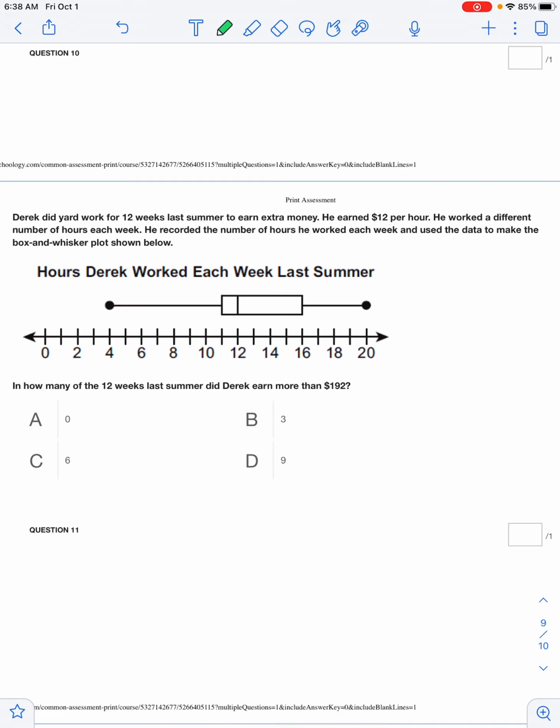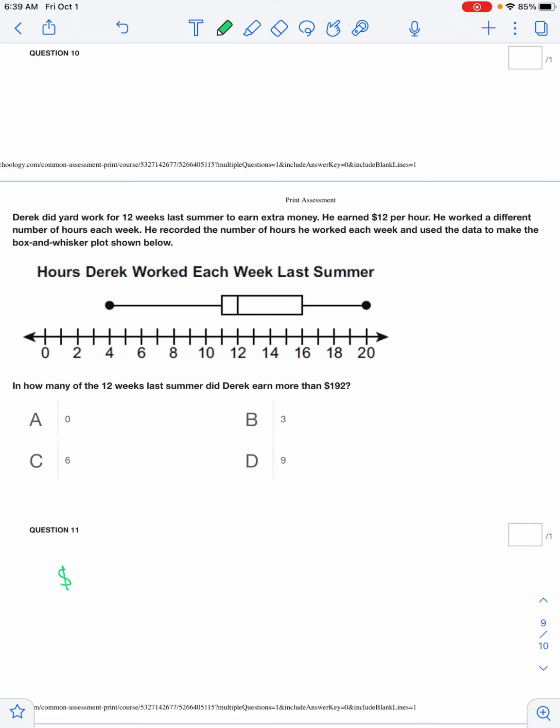All right, question 10 says, Derek did yard work for 12 weeks last summer to earn extra money. He earned $12 an hour, and he worked a different number of hours each week. He recorded the number of hours he worked each week and used the data to make the box and whisker plot shown below. So, hours that Derek worked each week last summer. The question is, how many of the 12 weeks last summer did Derek earn more than $192?